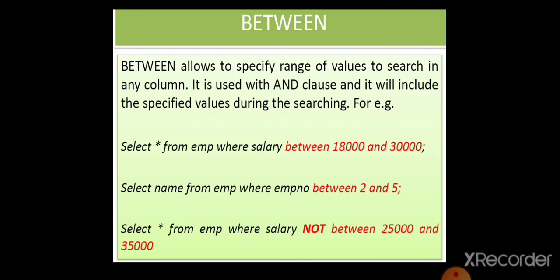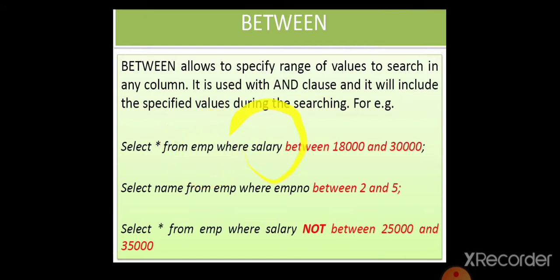Select star from EMP where salary between 18,000 and 30,000. My dear children, the compiler will go for the employee table at first.